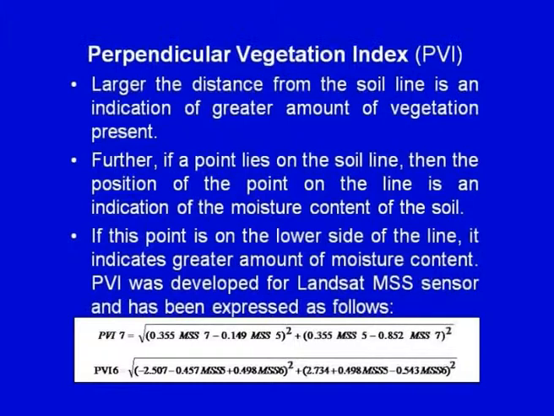PVI was initially developed for Landsat MSS sensors and has been expressed as follows.